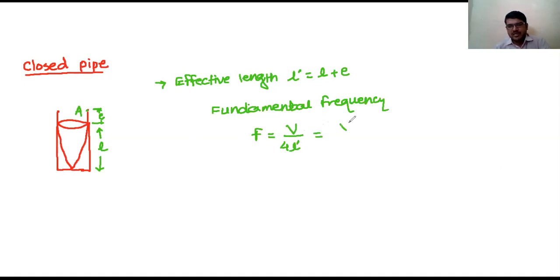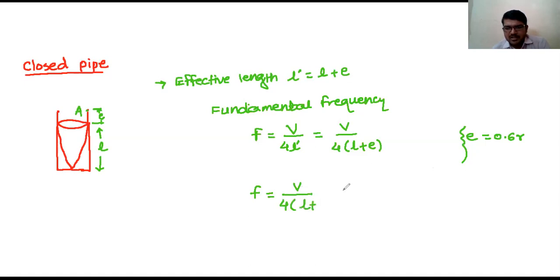So this is equal to P by 4 into bracket L plus E. Now we know the end correction value is 0.6 R, where R is the radius of pipe. Let's substitute here. F is equal to P divided by 4 into L plus 0.6 R. So this is your fundamental frequency in case of closed pipe.